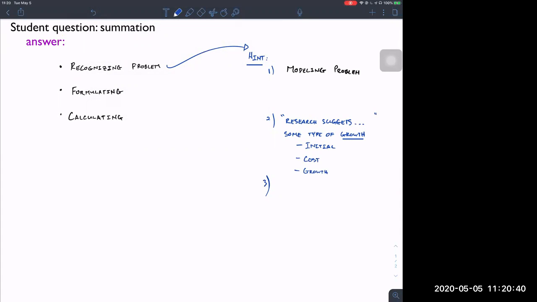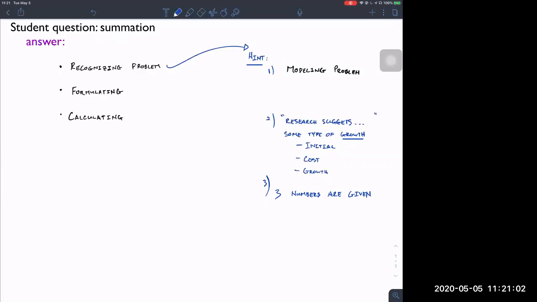And with those, you normally get 3 numbers. Right? And those 3 numbers correspond with the above, right? Some kind of initial, cost, or growth.